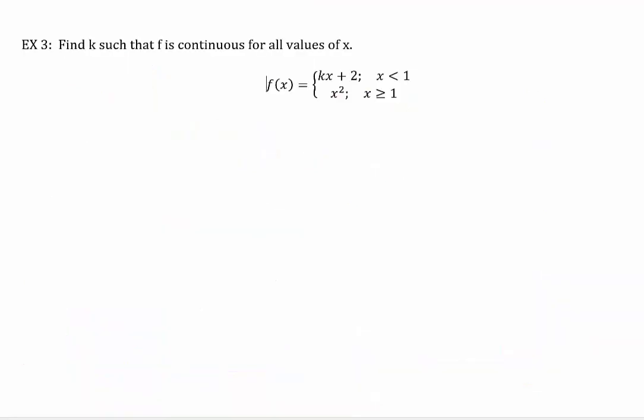All right, let's do one more problem that's testing us on the exact same concept. This problem says, find k such that f is continuous for all values of x. So basically, this thing is going to be continuous if the two pieces line up.